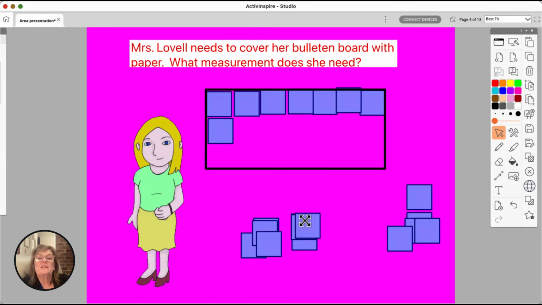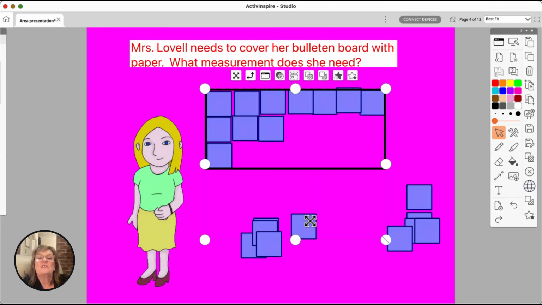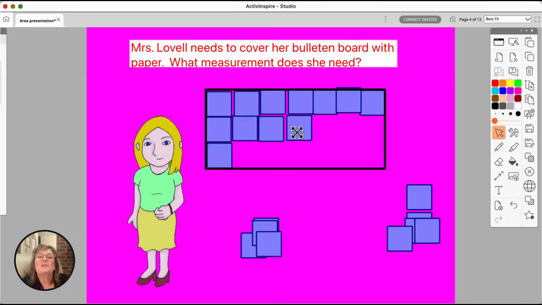And I would keep on going. I noticed that it's going to take 3 to go down, and it's going to take about 1, 2, 3, 4, 5, 6. Scoot that over a little bit. 7 to go across.